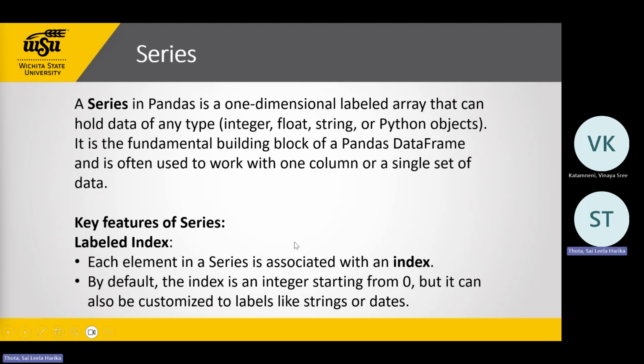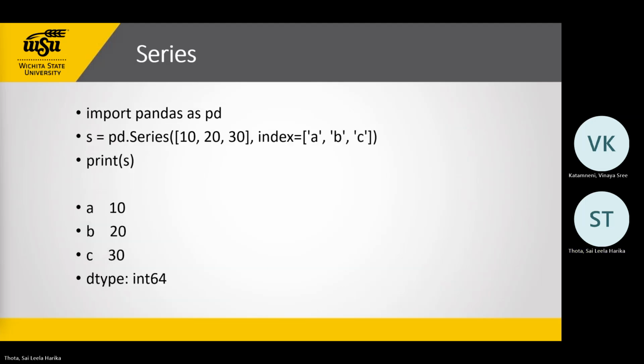Key features of a series: labeled index. Each element in a series is associated with an index. By default, the index starts from 0, but it can be customized. Generally it will start from 0. So this is how a series will look.